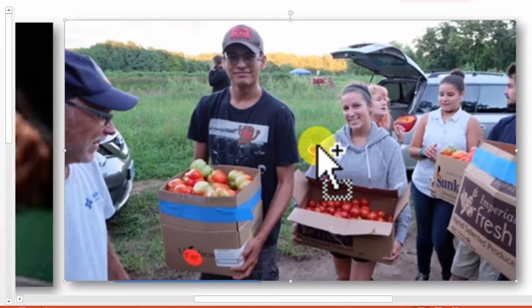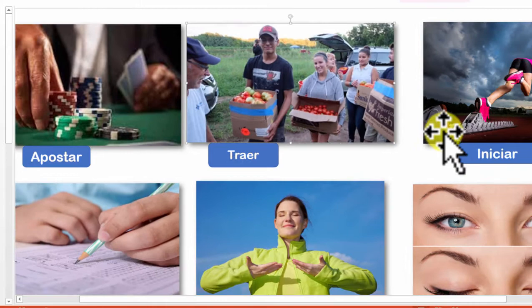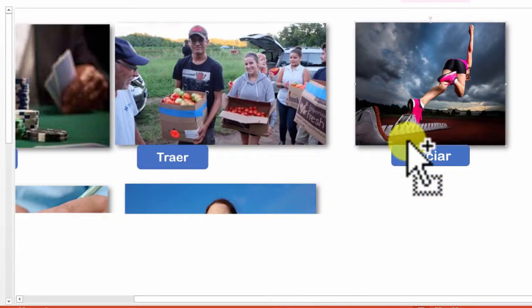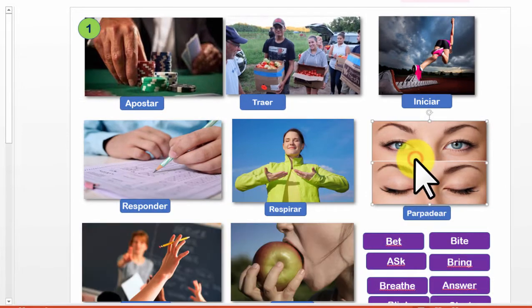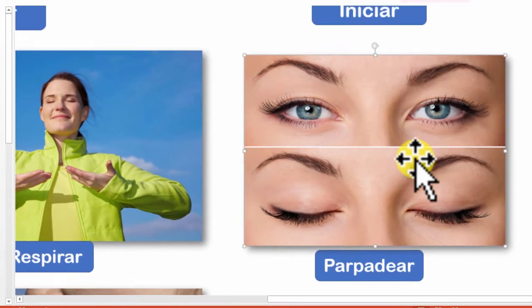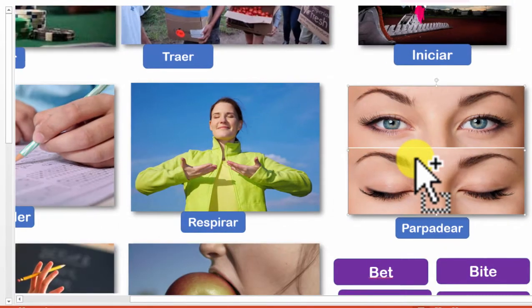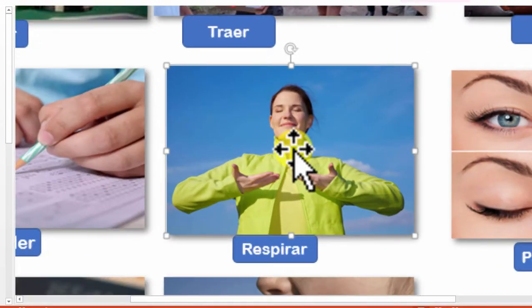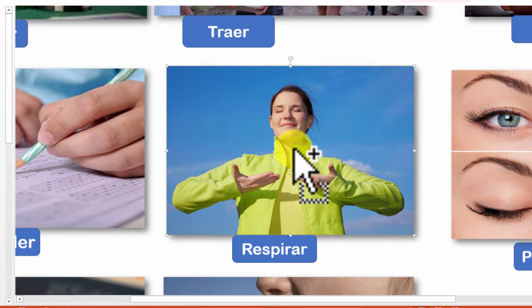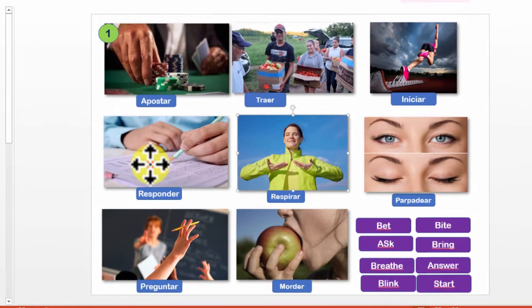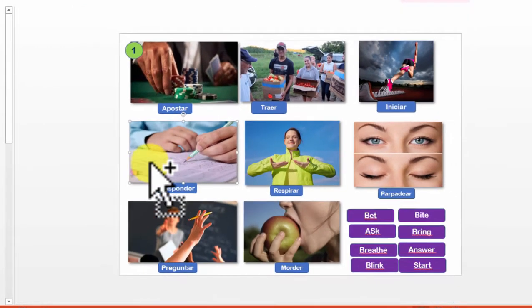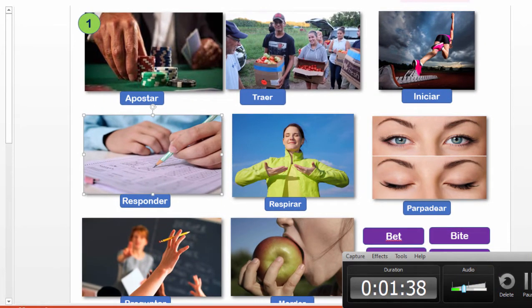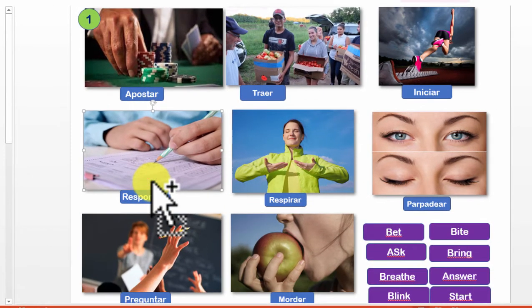Traer. Iniciar. Parpadear. Respirar. Responder.